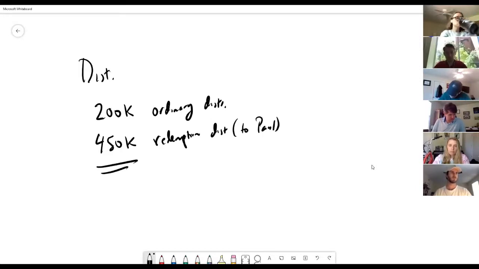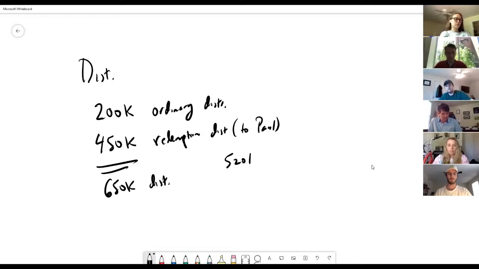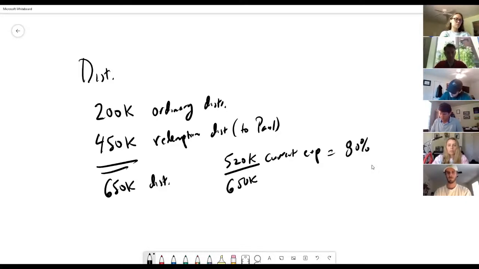So that gives us 650,000 of distributions. We have 520,000 of current E&P. And we know the rule is when current E&P is insufficient to cover all the distributions, you prorate. And so you put it over the total, that gives you 80%. So 80% of the distributions are going to be covered by current E&P.